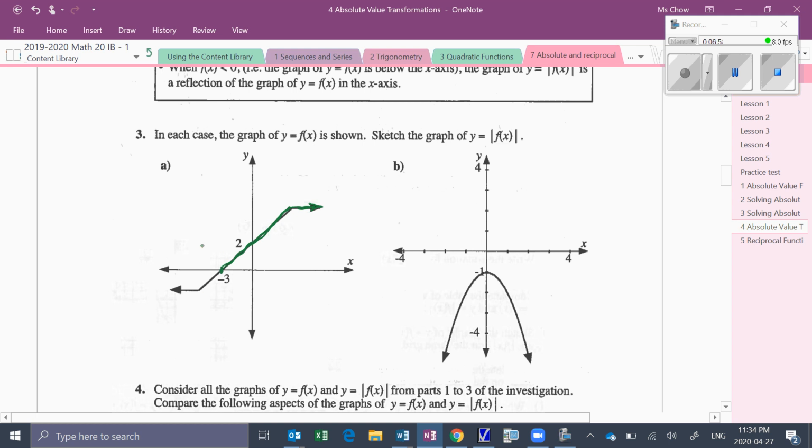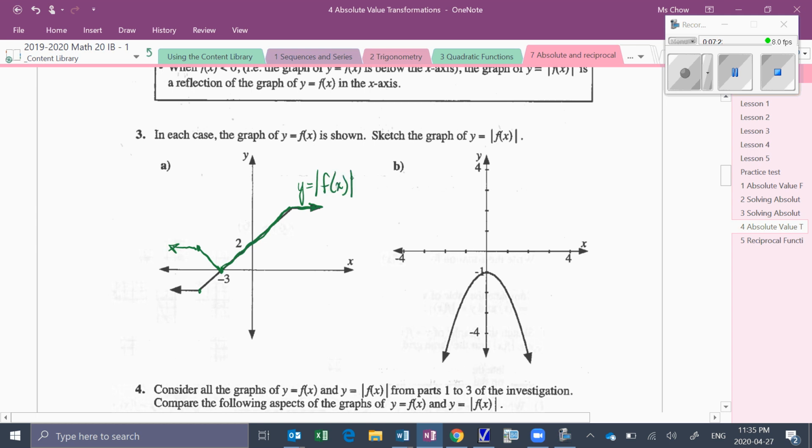Anything that's below is reflecting up, so it's probably just key to look at those points where things change. So right there, and then it goes across. So this green graph then is y is equal to the absolute value of f of x.